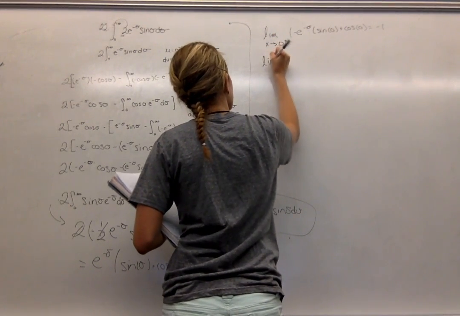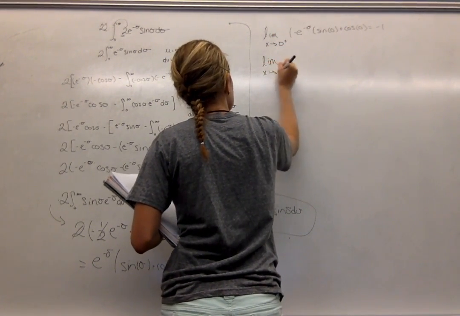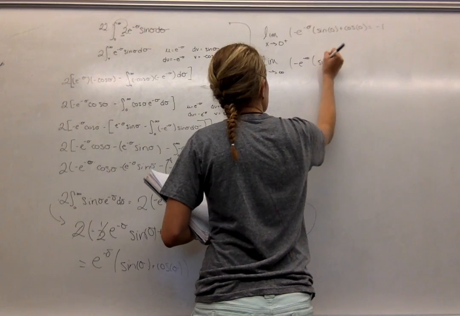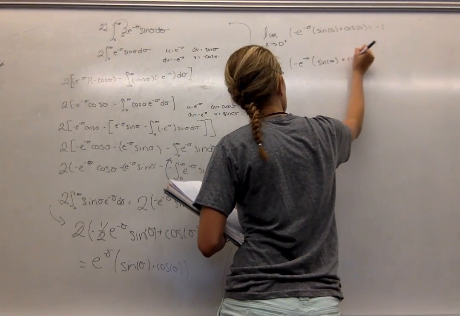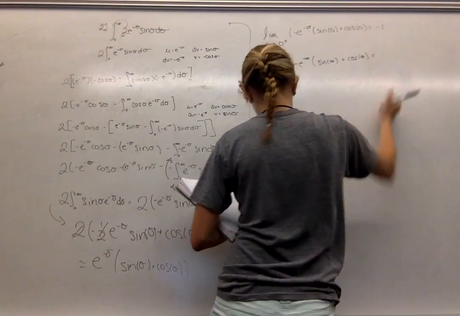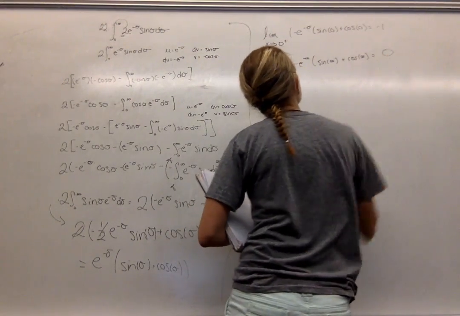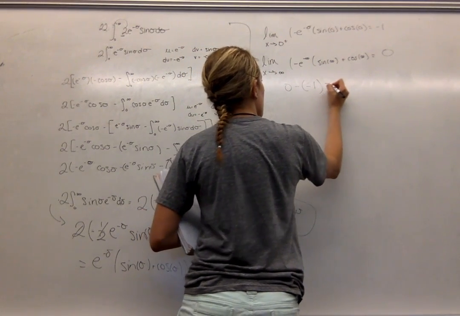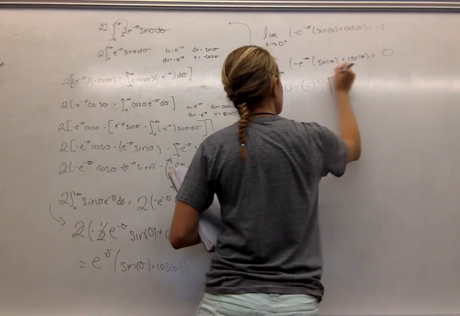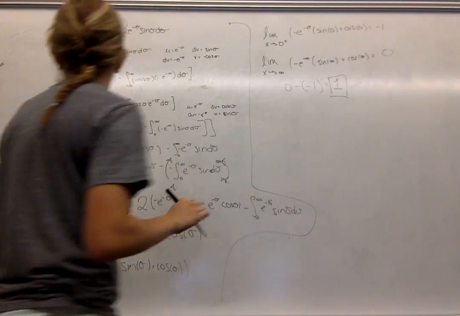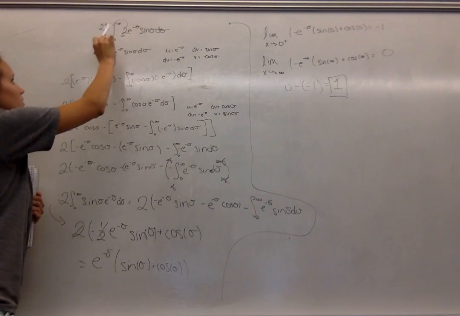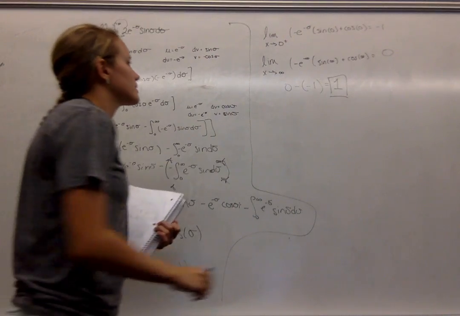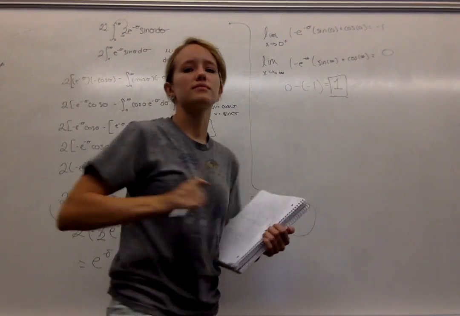Now the limit as x approaches infinity of negative e to the negative infinity times sine of infinity plus cosine of infinity is equal to 0. So we have 0 minus negative 1, and that is equal to positive 1. So we find that the integral from 0 to infinity of 2e to the negative theta sine theta d theta evaluates to 1. And that's how you solve that problem.